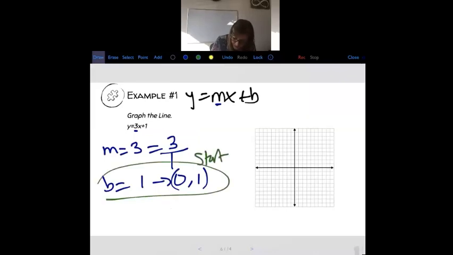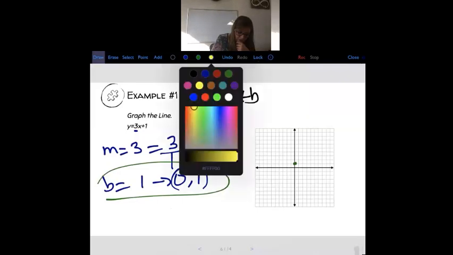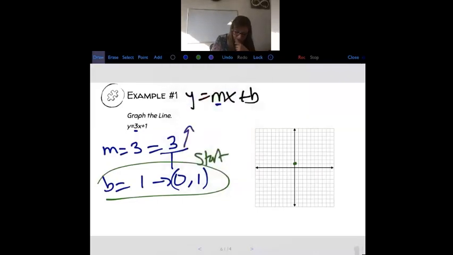So you'll plot this point, 0, 1, and then you'll use your slope to get to the next point. Since slope is positive, it means we're going to go up 3 from the first point we plotted over to the right 1. So from the y-intercept, so the y-intercept is your starting point. So don't do slope from the origin, do it from the y-intercept. We go up 1, 2, 3 over 1.